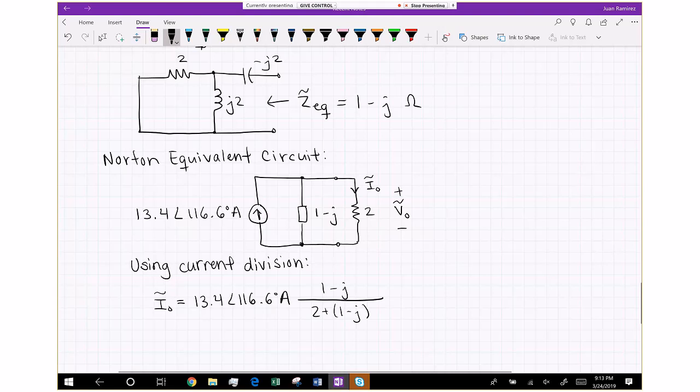It's actually a little bit more complex when you have more than 2 impedances, and you'll just have to go back to your current division notes to take a look at that, but essentially you'll look at the inverse of those impedances.